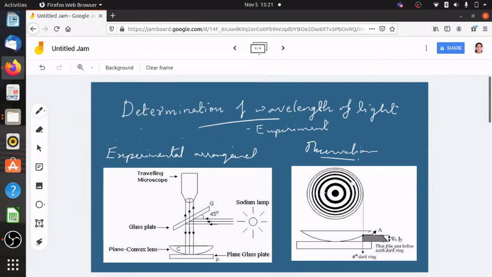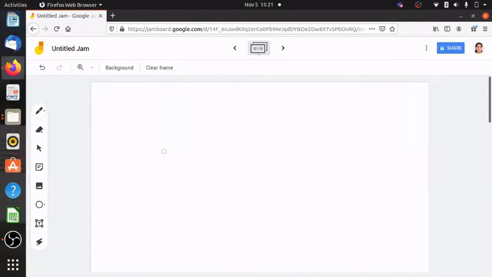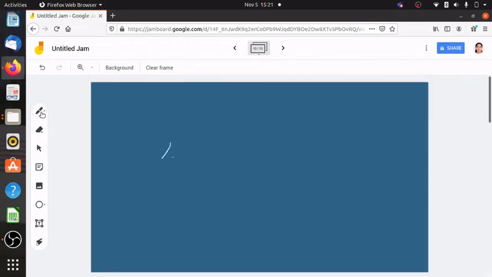The difference between these readings gives the diameter of that second ring. So we can get the diameter of the mth ring, and we can get the diameter of the (m+k)th ring.